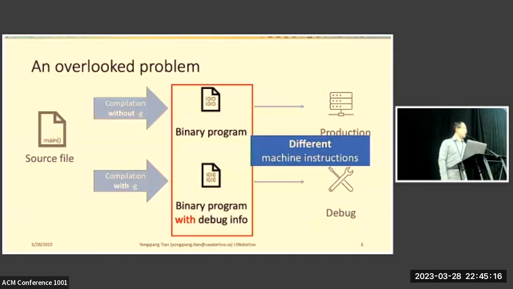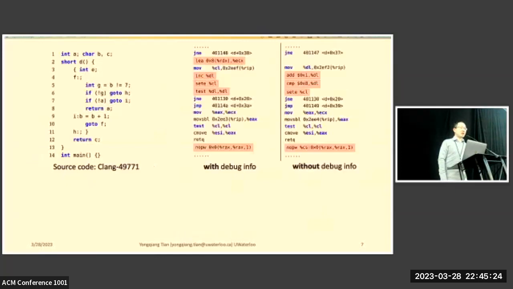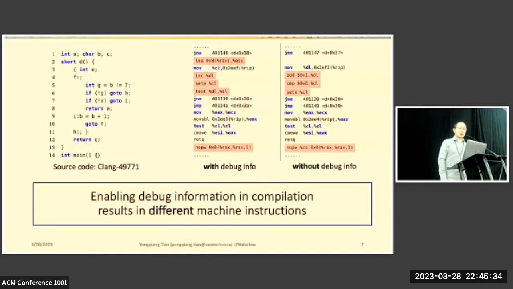So let's look at a real example. Here, given this code snippet, if we use Clang to compile this source code, you can see that with debug information and without debug information, the binary instructions are different, which is highlighted in pink. Specifically, enabling debug information in compilation results in different machine instructions.